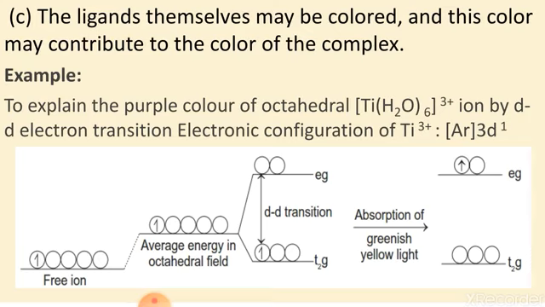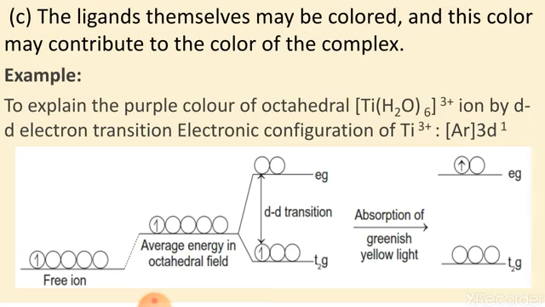Now look at the transition. In a free metal, there are 5 d electrons in degenerate orbitals, that means having the same energy. But after the attack of ligands, the energy of these orbitals increases, and splitting of d orbitals takes place because the ligands approach from all sides.